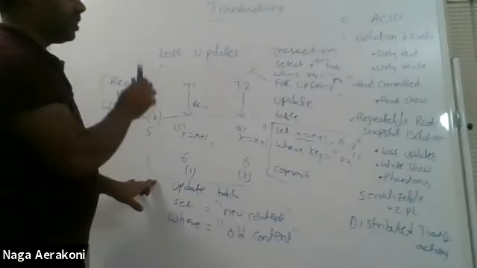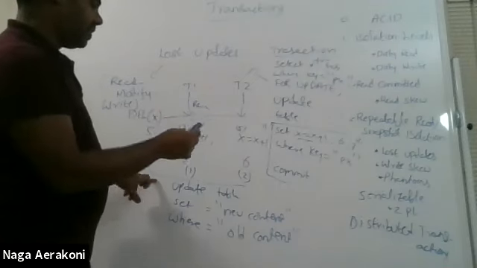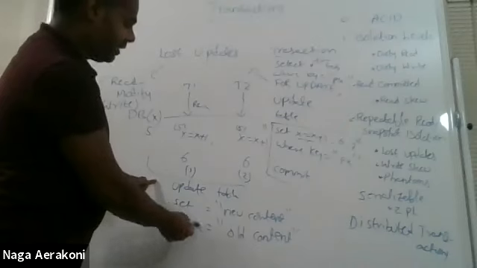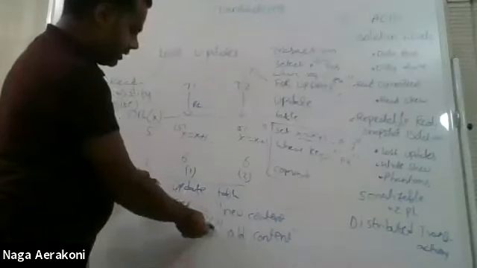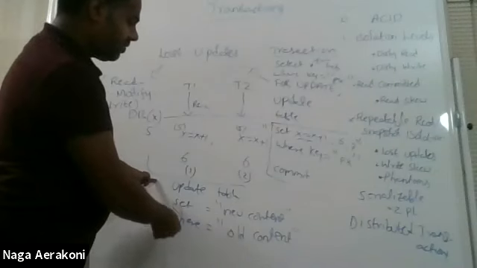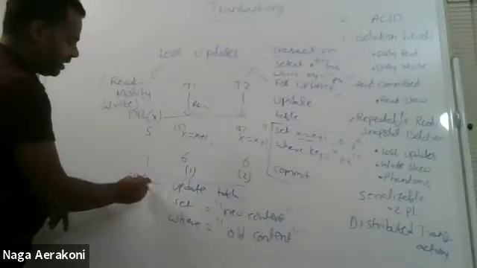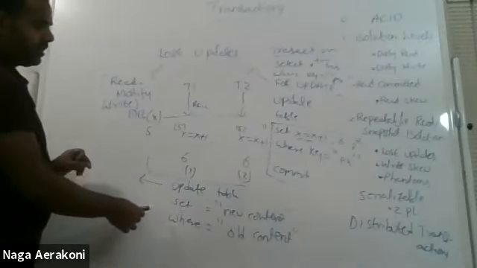Suppose two people are editing the wiki page at the same time, and one person has committed. For the second person, when he is committing, this old content condition will not match. So this update command will have no effect on the database. It just simply runs, and since the where condition doesn't match, it doesn't update anything.